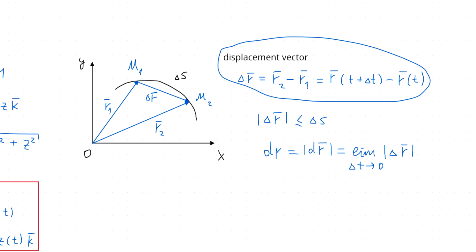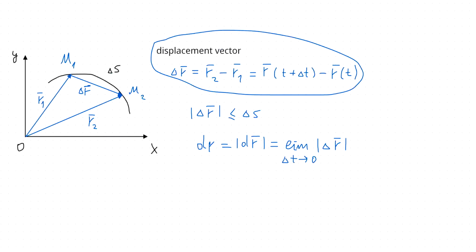The absolute value of delta r is the length of the displacement vector, and this is the same as the limit, delta t tends to zero, of delta s, and this is the same as ds.